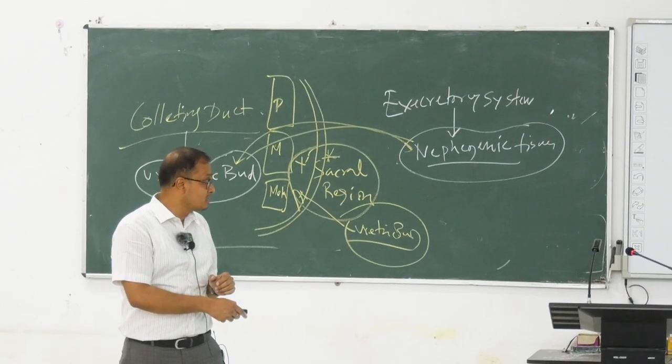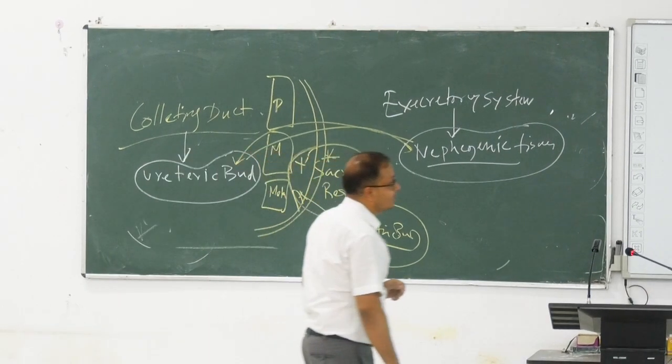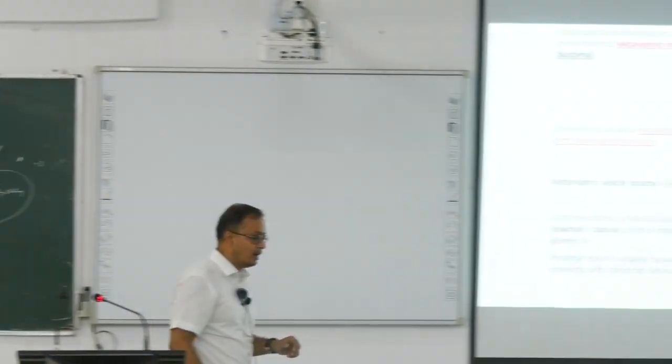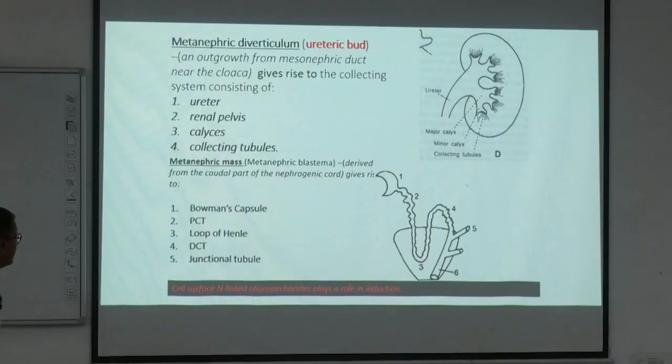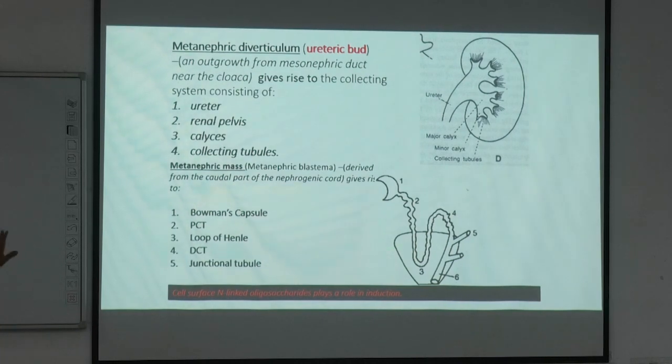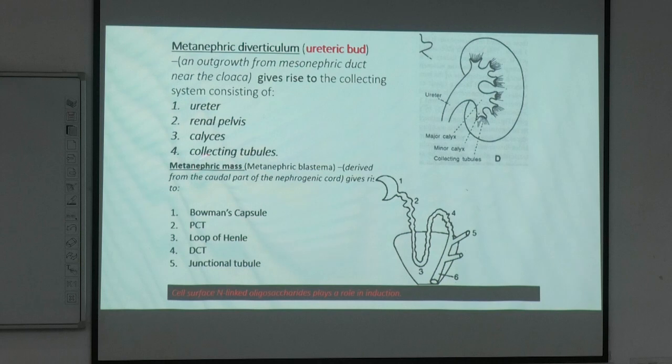Now, the point of concern for us is the clinical aspects of kidney developmental error. So this is a summary. We have the kidney sourced from two areas, the ureteric bud and the metanephric kidney.